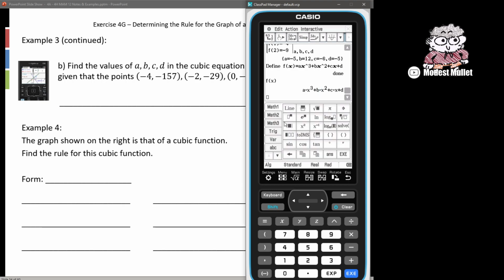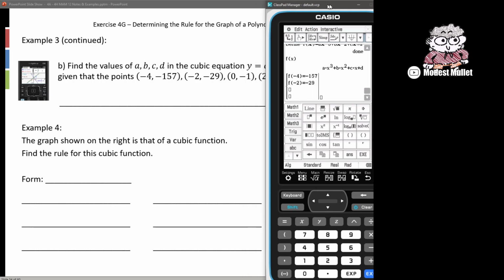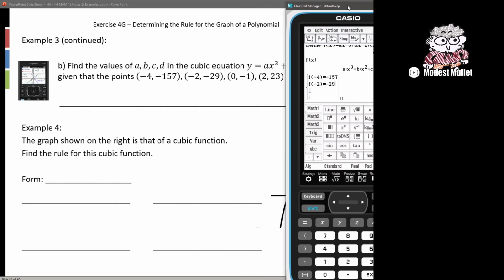We go back to Math 1, and we're up to 21 minutes, I apologize. But go through, and we want f of -4 is equal to -157, f of -2 is equal to -29, f of 0, and we could have recognized f of 0 is equal to -1, so straight away we know that's our d value, and then f of 2 is 23.